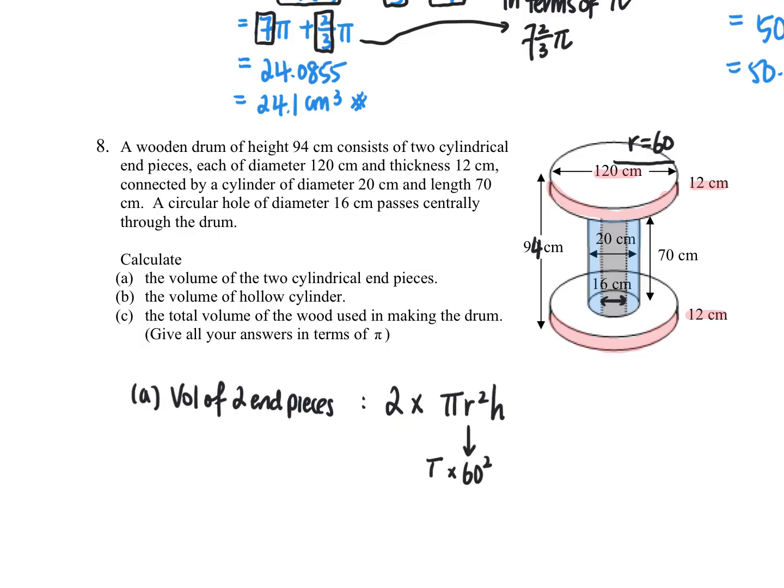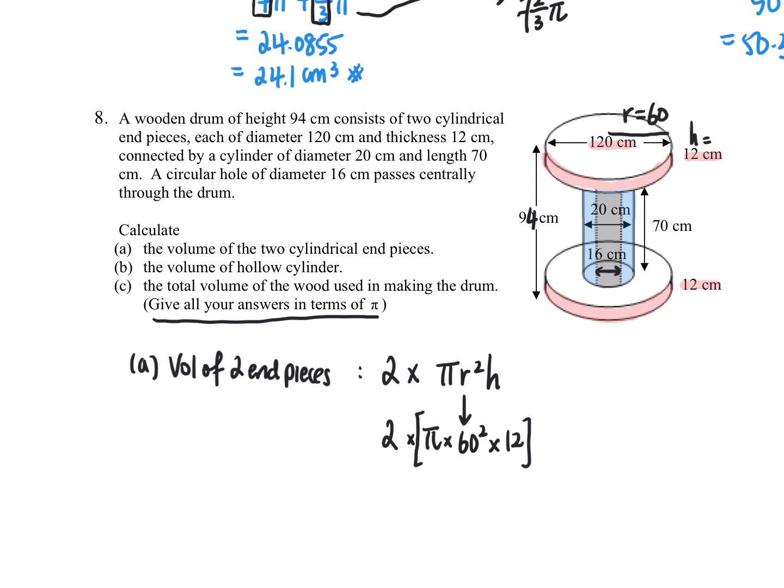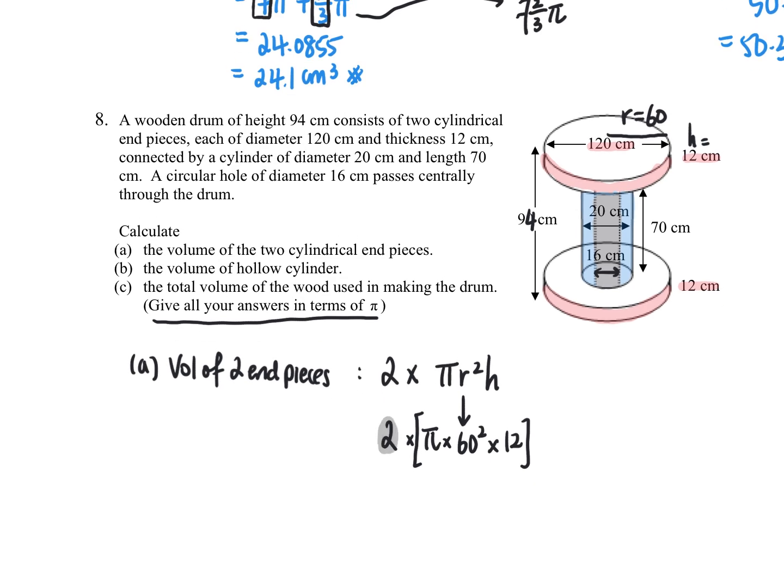And then the height I know. The height is just 12. This is the height. And I have two of it. So they say give all your answers in terms of pi. So don't go and press the pi value. Just go and press 2 times 60 square times 12 in your calculator. Ignore the pi as if it's not there.